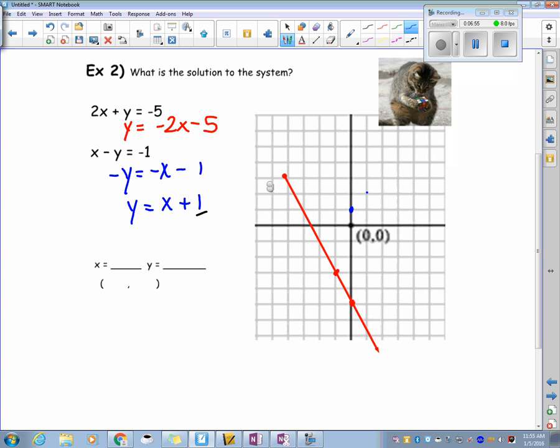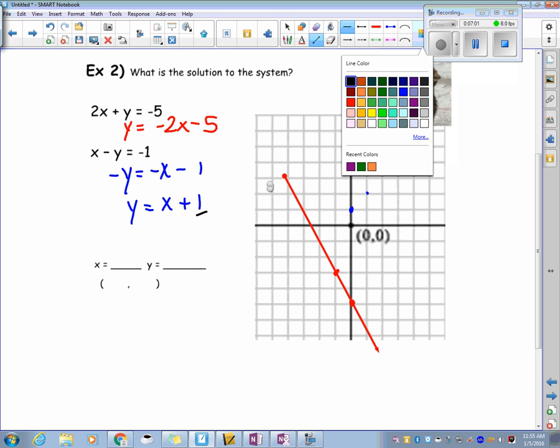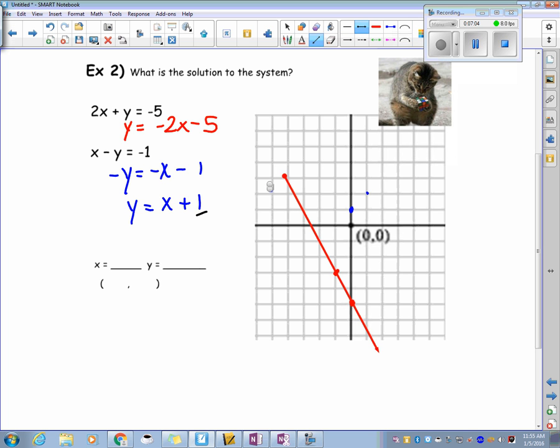So let's graph that one. So the solution for this one is this spot here. And so x is negative 2 and y is negative 1, so the solution is (-2, -1).